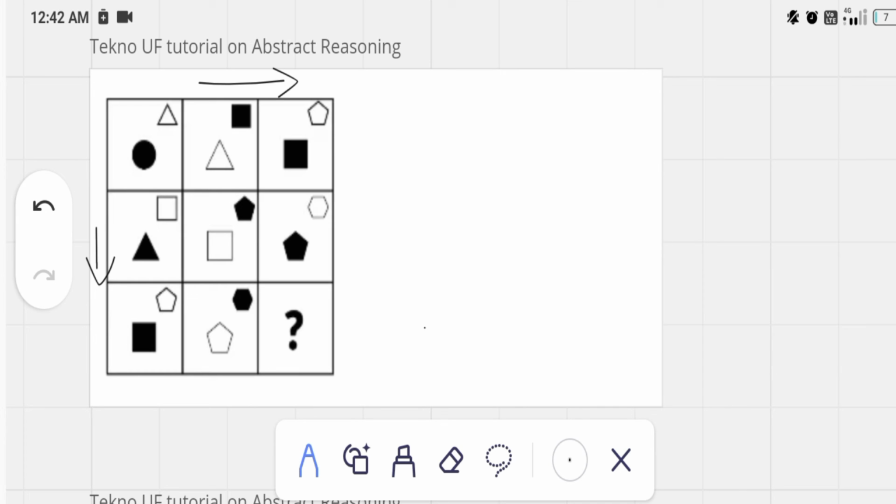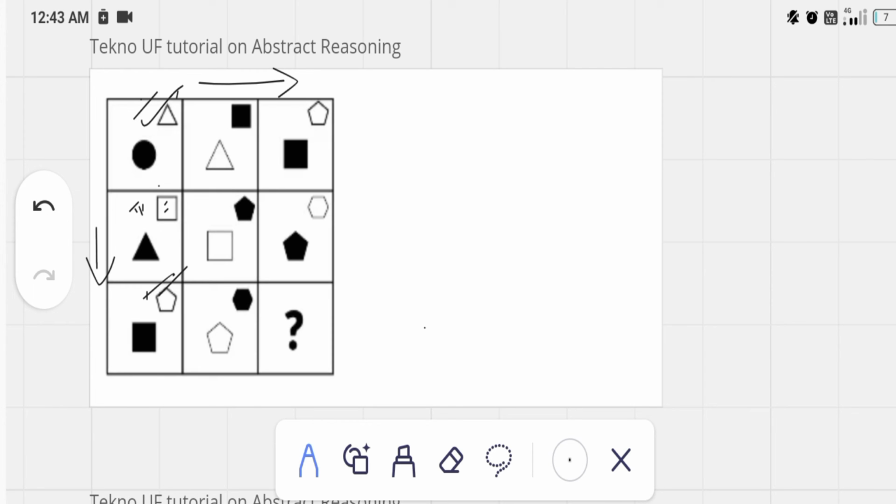At first there is a triangle here, and there is a triangle, and a rectangle or square, and a pentagon, right? So the edges of the figures are increasing. That is, here 3, here 4, here 5.